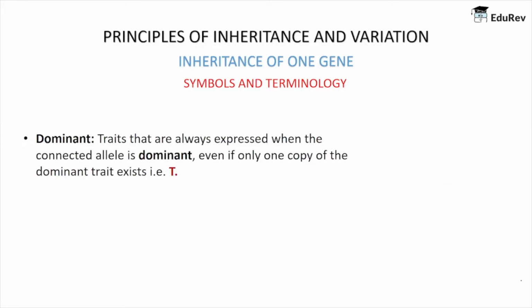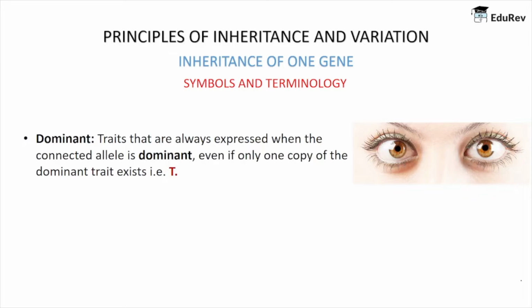Next are the dominant traits. These are the traits which are always expressed when the connected allele is dominant. When you look at the height of the world population, you will find that maximum people are tall. So we can say that tallness is the dominant trait in humans.